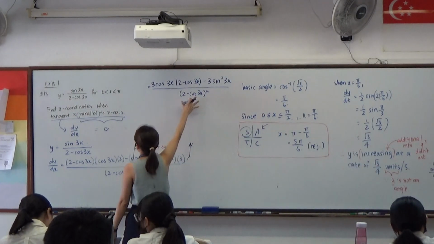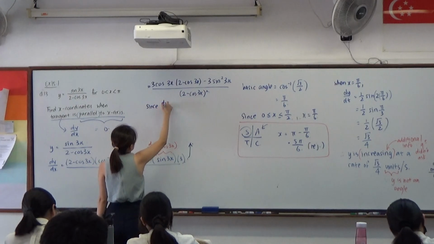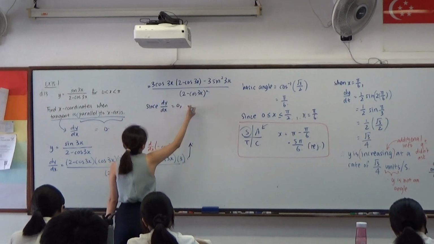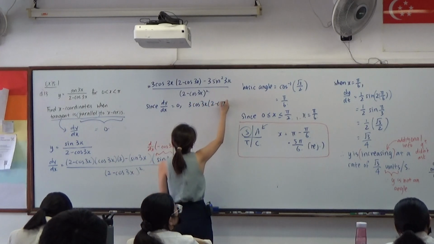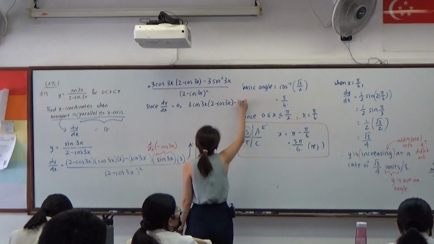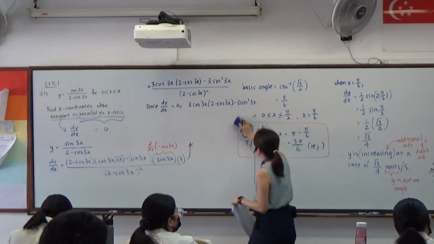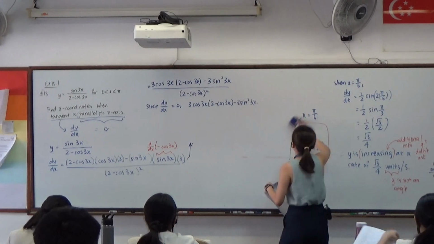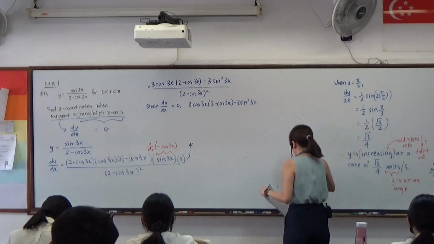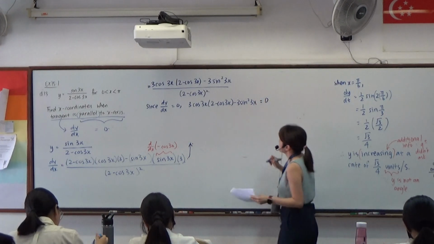We can just take this and equate it to 0. That means your numerator must be the one that is equal to 0. Denominator cannot possibly be equal to 0. So we have this.